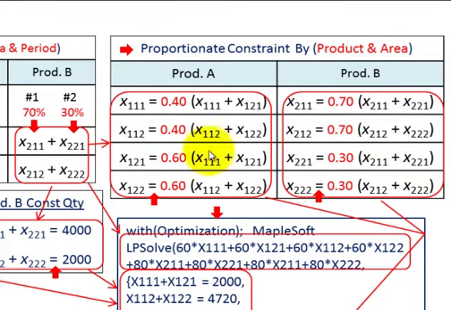And finally, x221 is equal to 30% in sales area 2 for period 1. So x221 is 30% times the row that it's sitting in. And then x222, the same thing. We could go back and look at that.